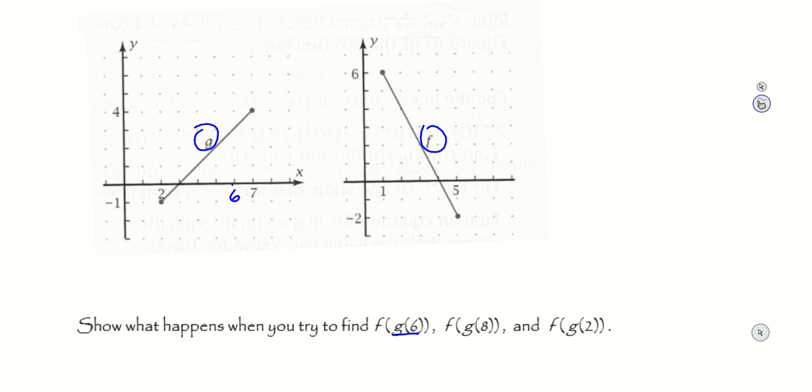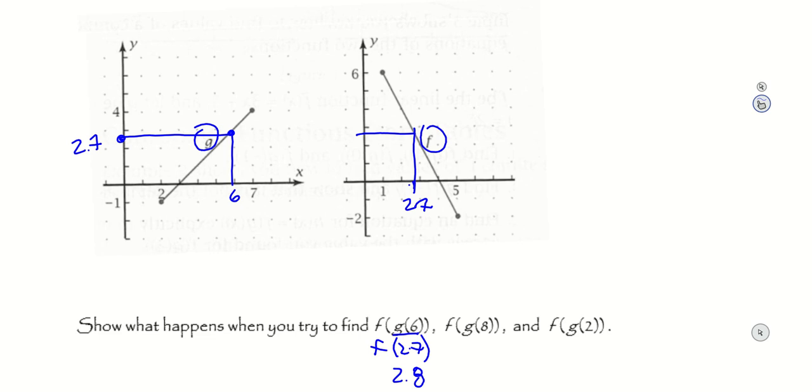I'm going to start at 6, take a line up to my graph, and then take a horizontal line over. So if this is 4, this would be 1, 2, maybe 2.7. So this is F of 2.7. For me to find F of 2.7, I'm going to go to 2.7, which might be about here. On F, take that up and then over, and I get about 2.8. Okay, so no problem in finding F of G of 6.